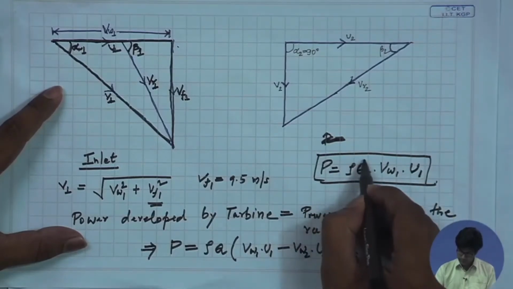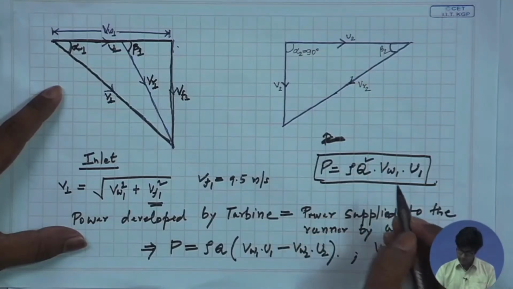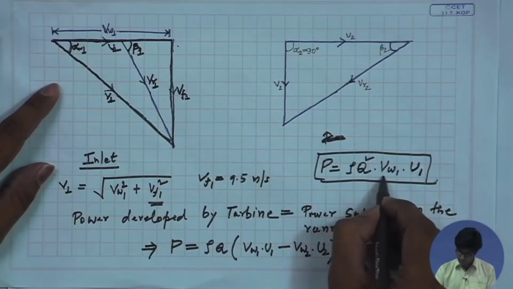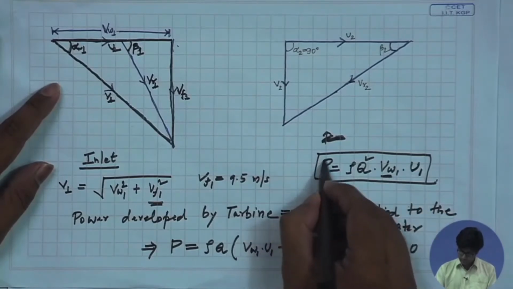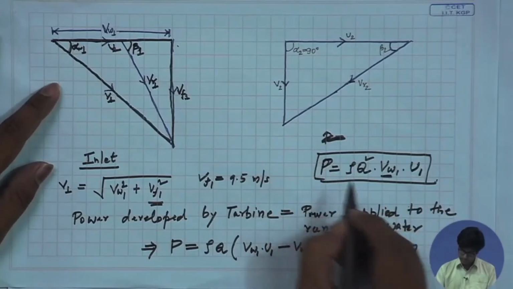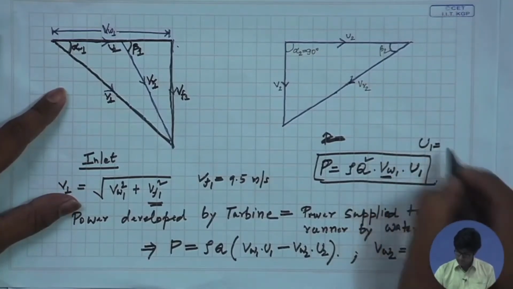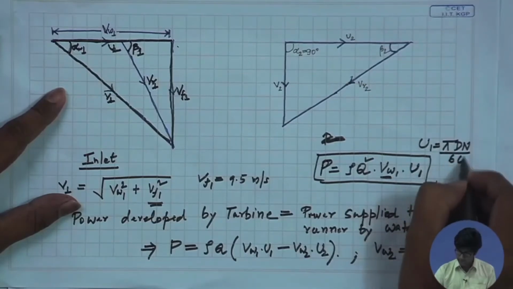The other quantity, Q, is given in the problem. We know the density of water as 1000 kg per meter cube, and we are also required to find out the tangential velocity at the inlet. The power P developed is given. So, U1 is given as pi D N by 60.